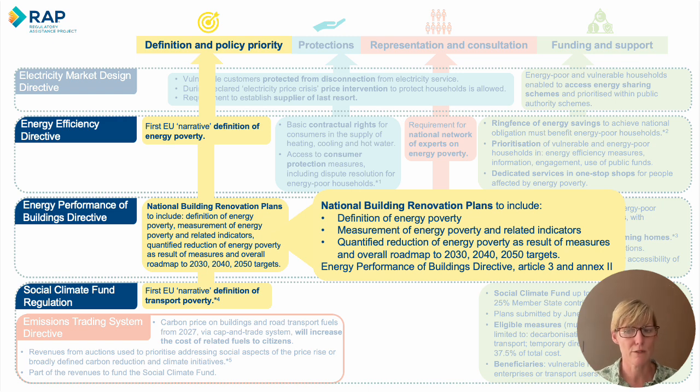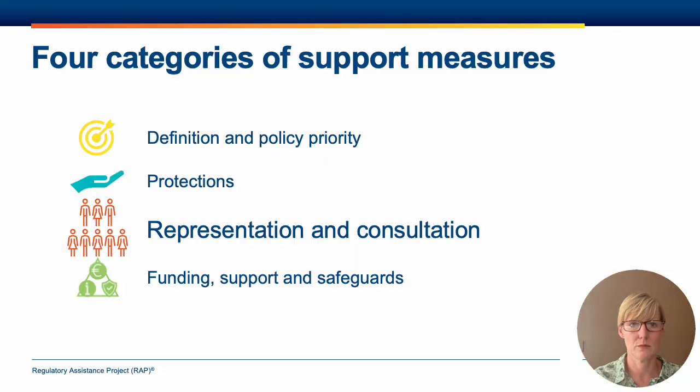But the EPBD goes further, now requiring that in the national building renovation plans, which will be annexed to the NECPs, we see firmer measures, firming up some of those existing requirements, but also now asking that member states assess how effective their plans and measures for energy poverty alleviation are going to be. Are they sufficient to achieve the reductions in energy poverty planned for? So I think we're getting much more serious here, not just listing measures, but also looking at outcomes.